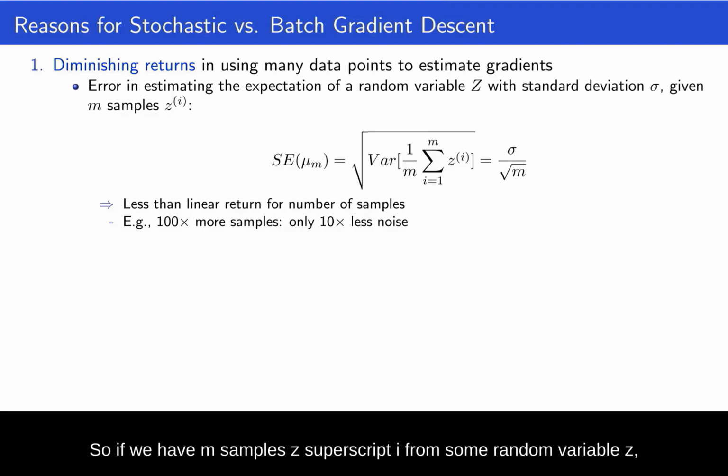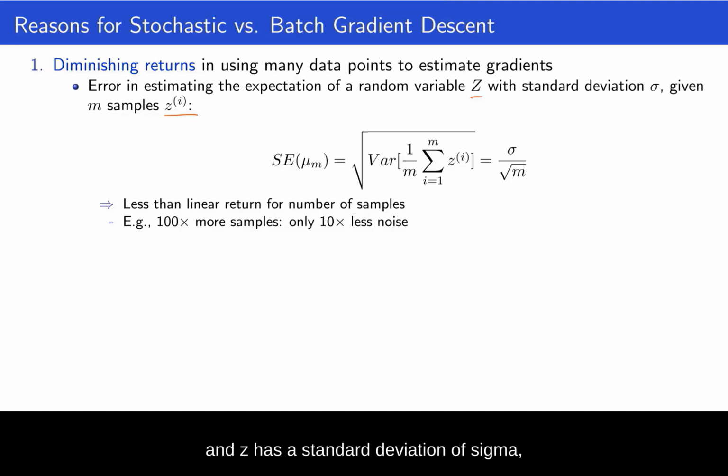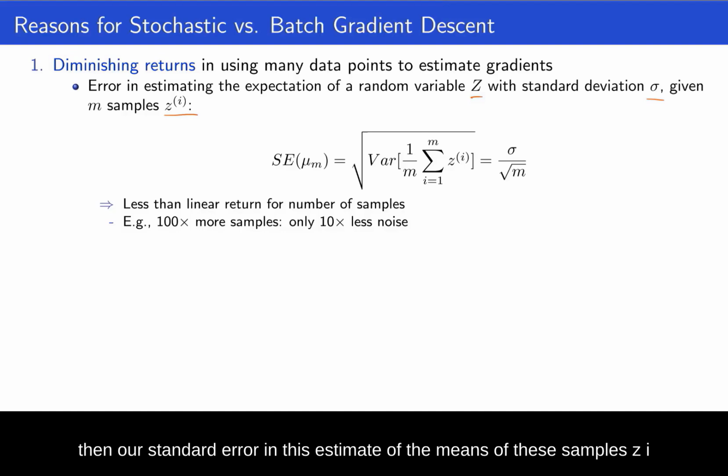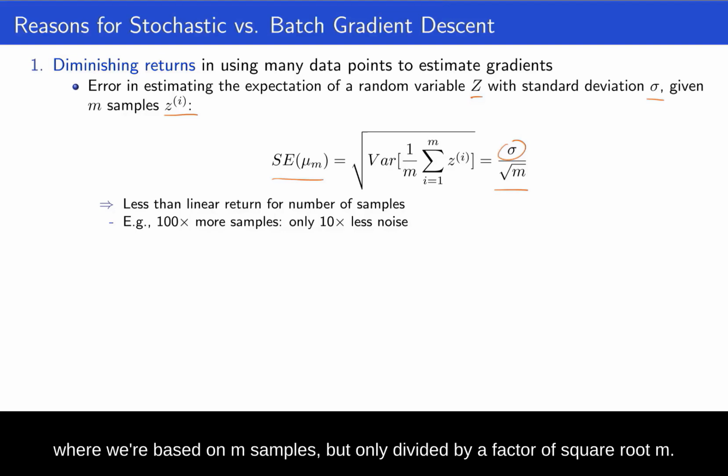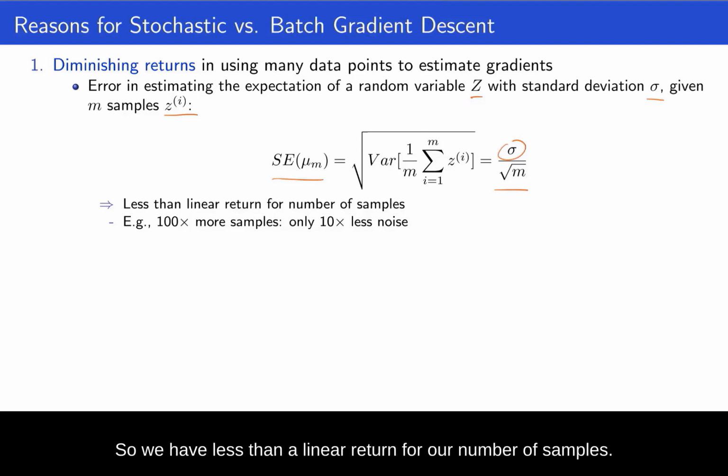So if we have m samples, z superscript i, from some random variable z, and z has a standard deviation of sigma, then our standard error in this estimate of the mean of these samples z^i is the original standard deviation not divided by a factor of m, but only divided by a factor of square root m. So we have less than a linear return for our number of samples.